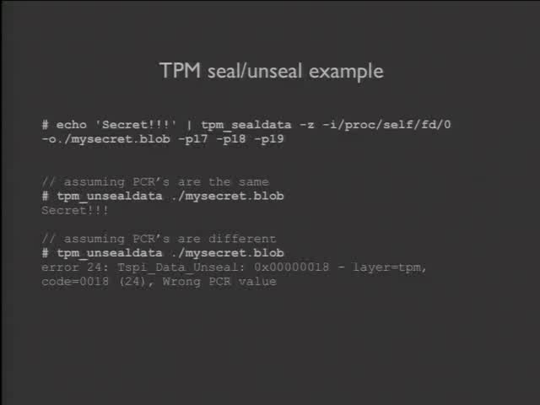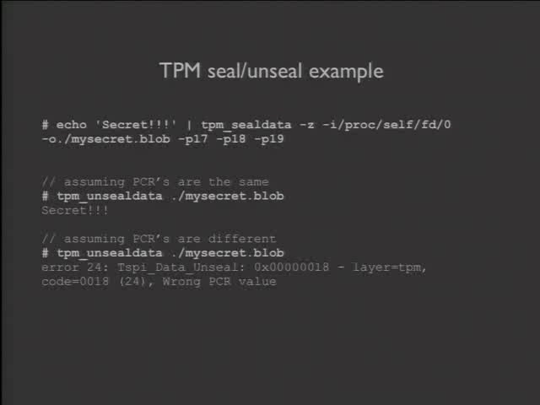And we say we want to seal it to the values of PCR 17, 18, and 19. And then, assuming that in our system the PCR registers are exactly the same as they were during the seal operation, we can unseal it. If for some reason the PCR registers have different values, the unseal operation fails.